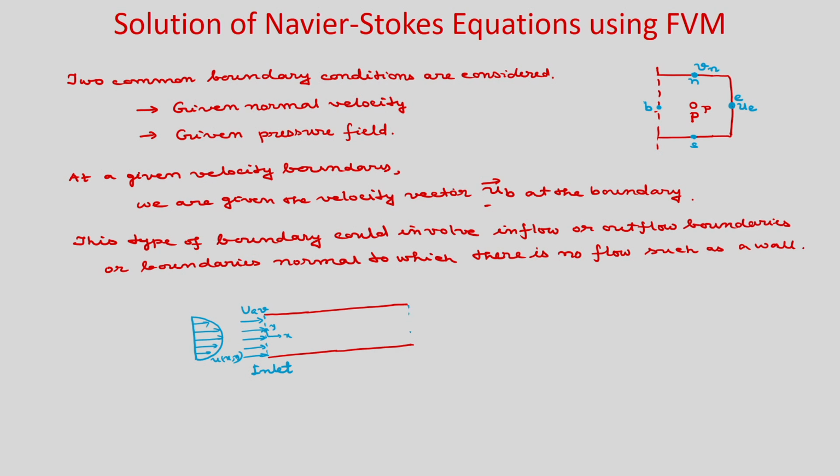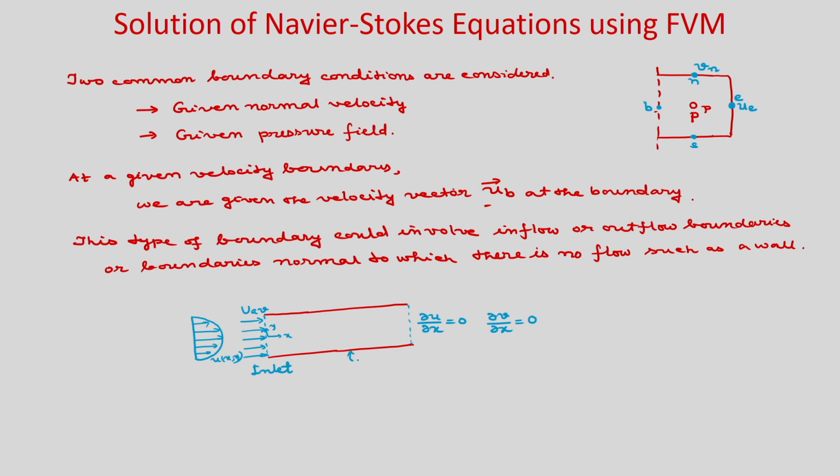Similarly, at the outlet, you can generally specify the normal direction velocity gradient is 0, del u by del x is equal to 0 and del v by del x is equal to 0. So, it is a kind of fully developed condition. No axial change of velocities in this direction, and these are the no slip condition.